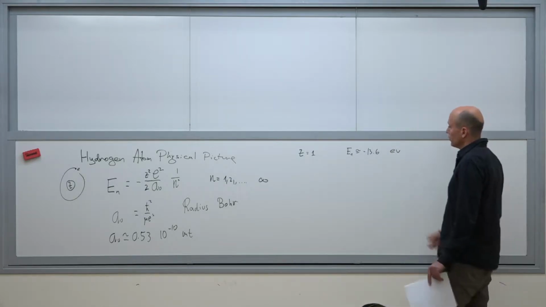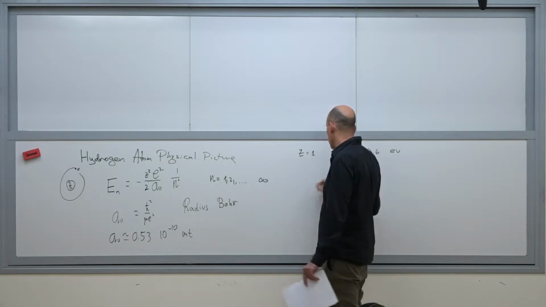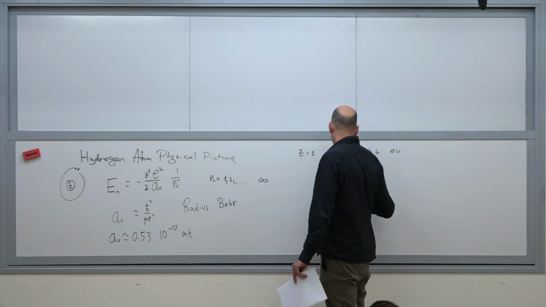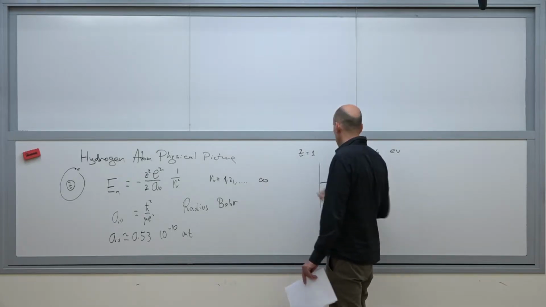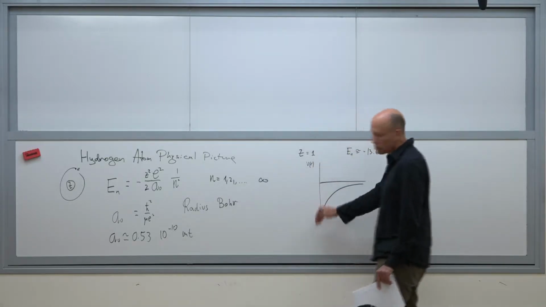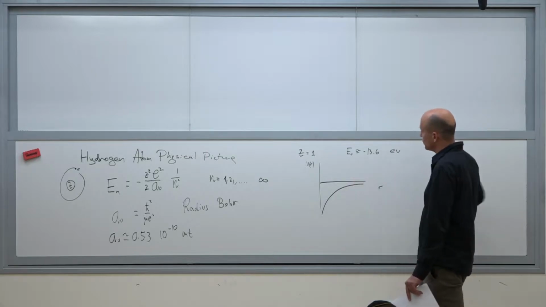And this number is important, and the whole picture that we see here is the following. I can plot the Coulomb potential as a function of R. So this is V of R. It is attractive. It goes down to minus infinity, and here it goes like 1 over R, so it goes to 0 here.